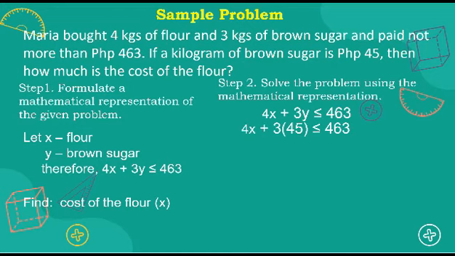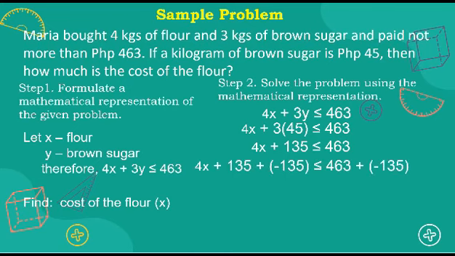Since the cost of a kilogram of brown sugar is 45, we will substitute it to y. So we have the inequality 4x + 3(45) ≤ 463. Let's simplify: 4x + 135 ≤ 463.